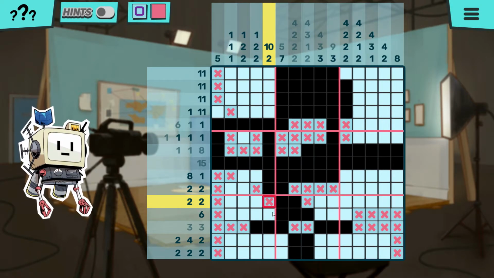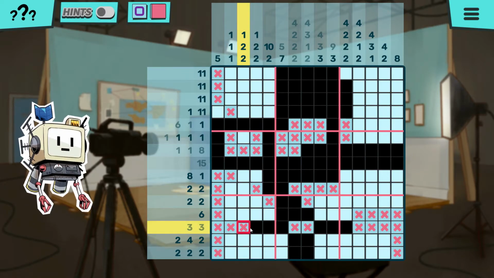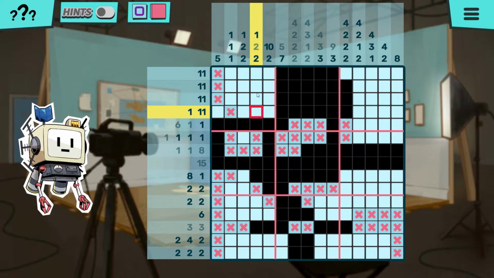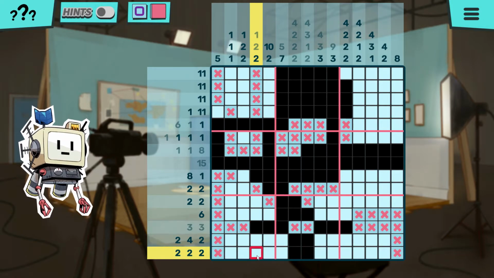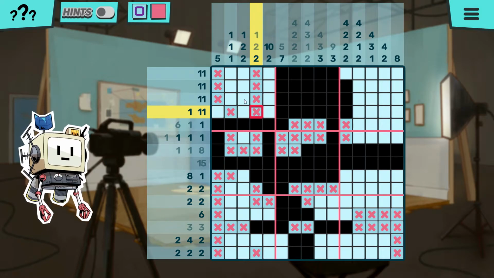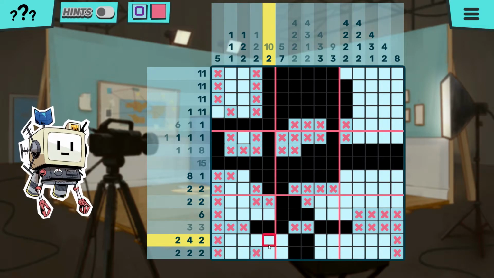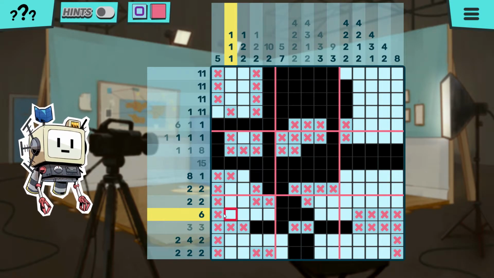What else? This needs to be a 2, this needs to be a 2, this needs to be the 1. This is blank, this is blank. Since that, well, that needs to be filled for a 10. It means this is a 2, this needs to be blank.